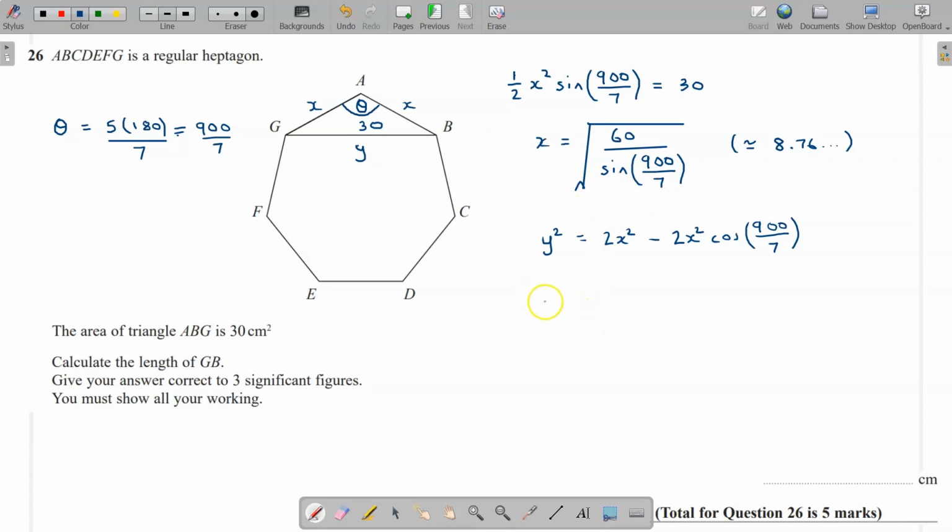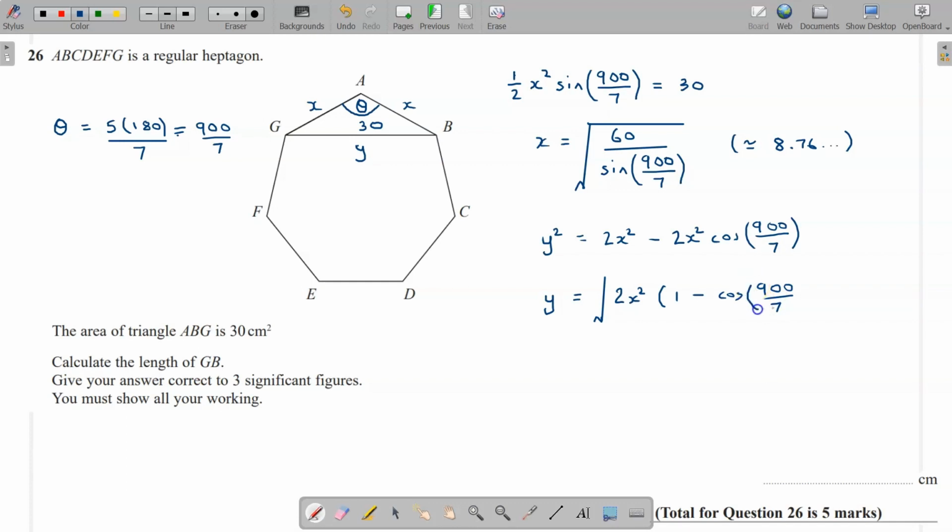So y would be the square root of that. What I'm going to do is take out a factor of 2x squared. So it's the square root of 2x squared, brackets 1 minus the cosine of 900 over 7.